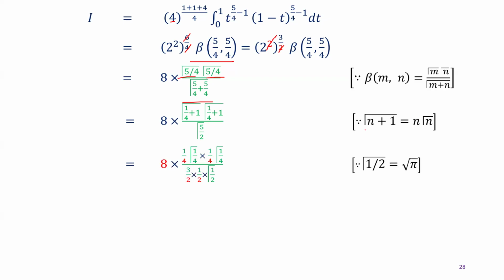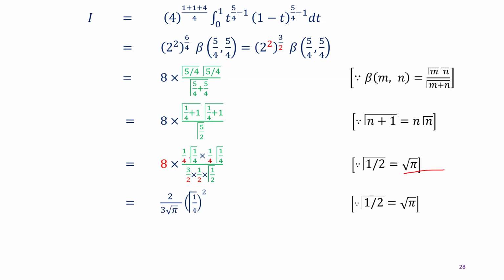Again, we know this formula, gamma of n plus 1 is n gamma n. Therefore, gamma of 1 by 4 plus 1 is 1 by 4 into gamma 1 by 4, and again 1 by 4 into gamma 1 by 4. Here gamma 5 by 2 will convert to 3 by 2 into 1 by 2 into gamma 1 by 2. Now we know that gamma 1 by 2 is root pi.